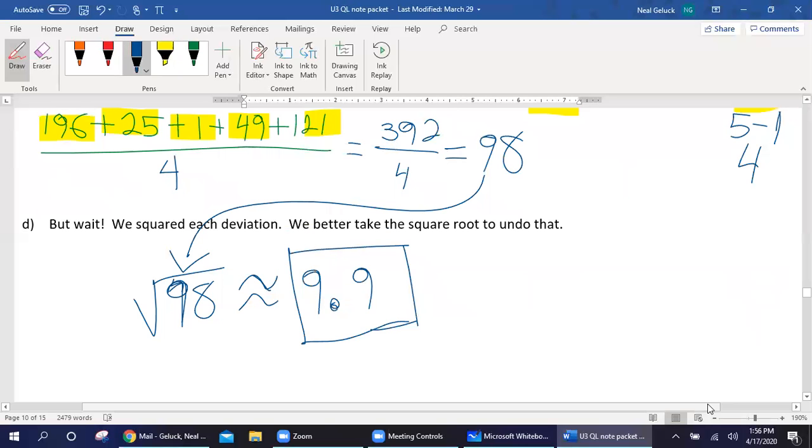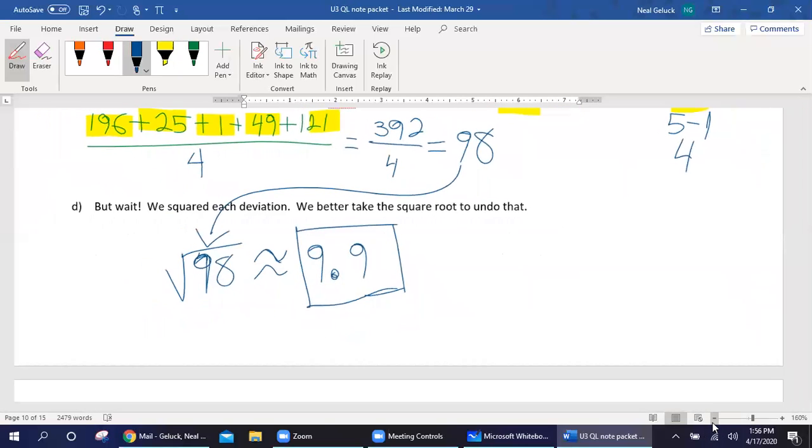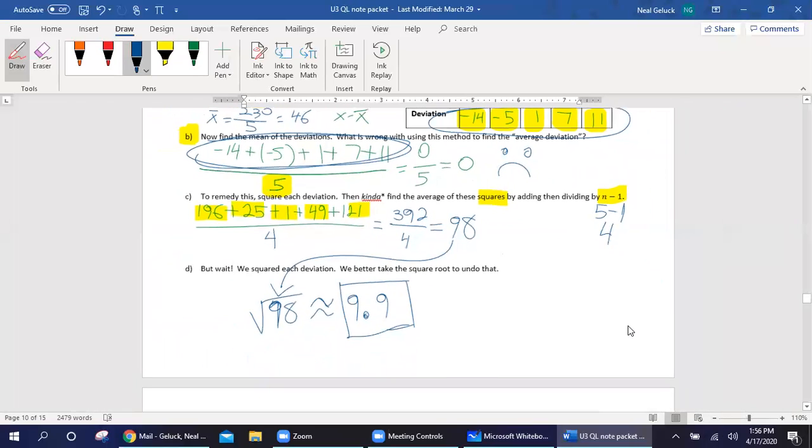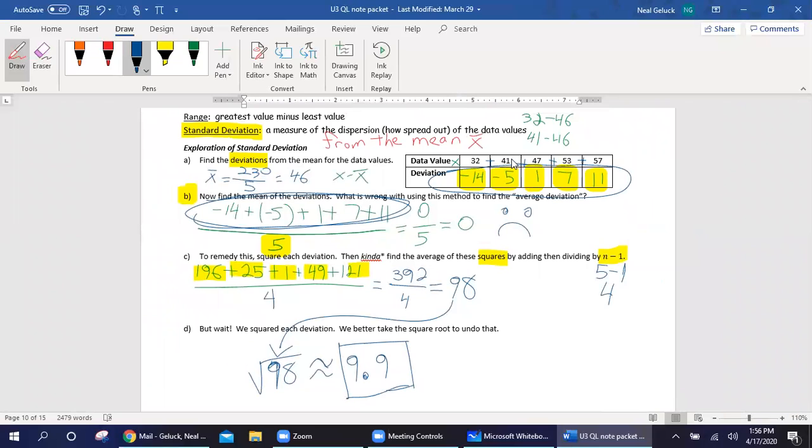So what is this saying? In this data set, 32, 41, 47, 53, 57, the average deviation from the mean, the average deviation from 46, is about 9.9-ish.